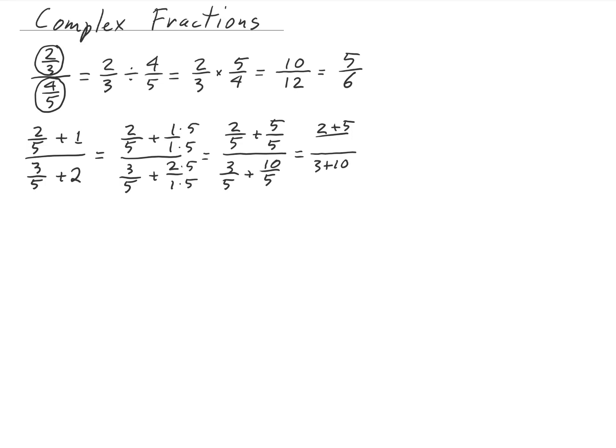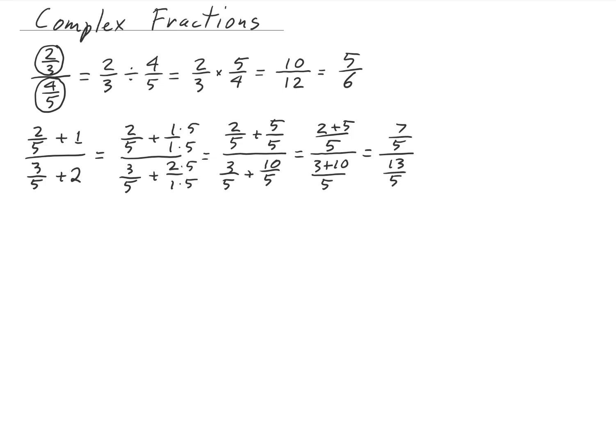When I added those fractions on the top, I keep the same denominator, a 5. You do not add the denominators. You only add the numerators. When you add the two fractions on the bottom, you get a 3 plus 10, and in the denominator, you keep the 5. So we get, for the top fraction, 7 over 5. On the bottom fraction, 13 over 5.